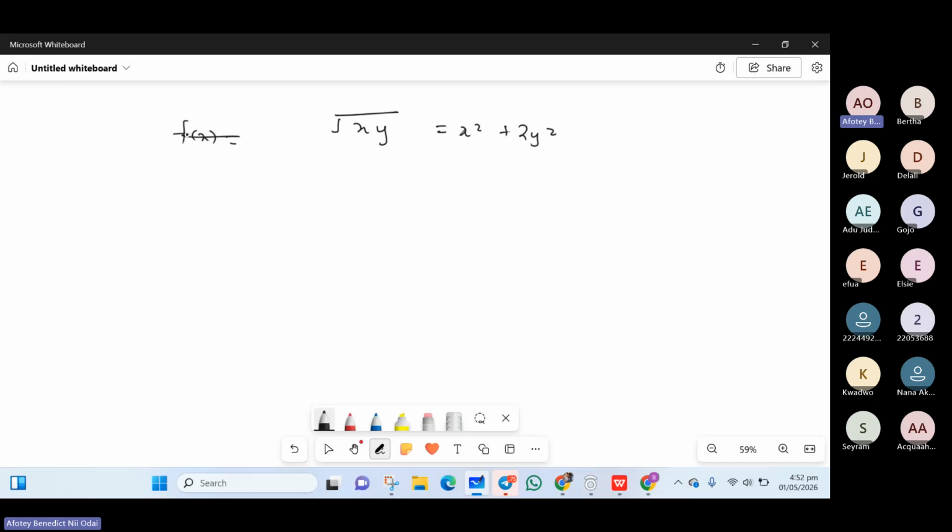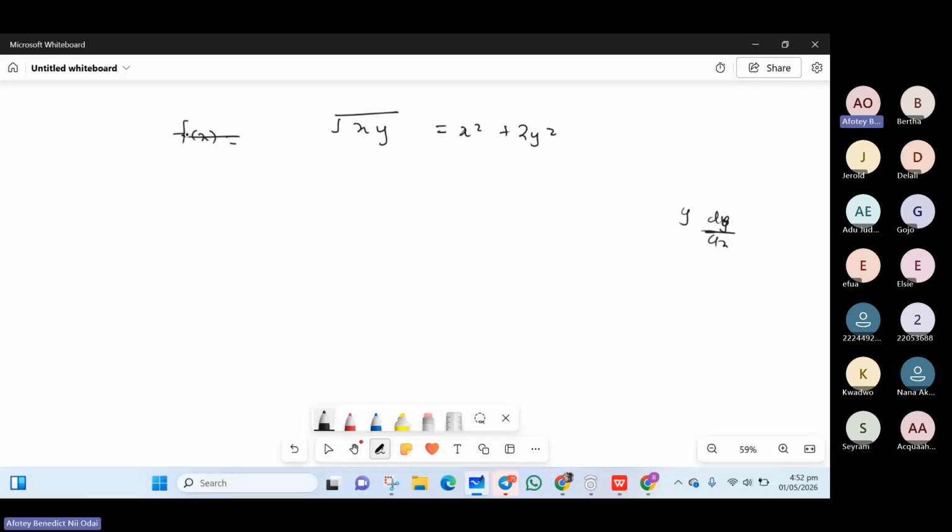Now, for implicit differentiation, you will have more than one variable. Usually in most questions, you have just one y. So differentiating y will give us dy/dx. Basically, wherever you differentiate y, you bring dy/dx. This is the first one.